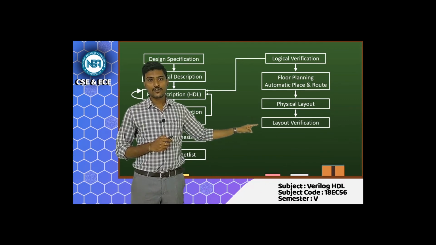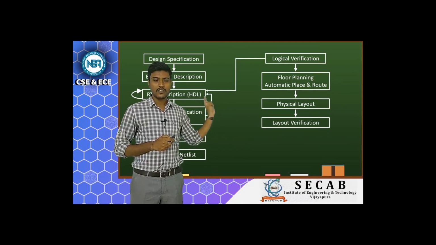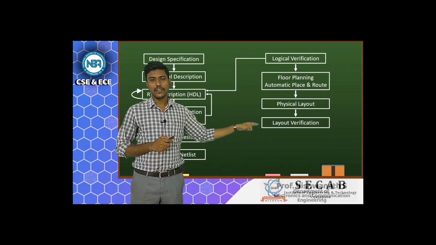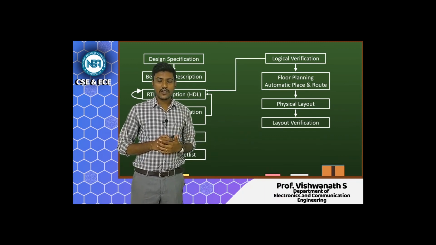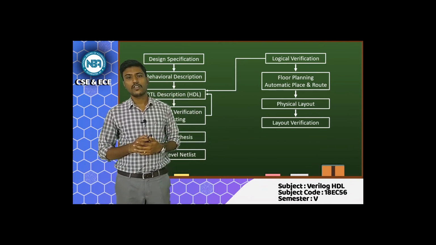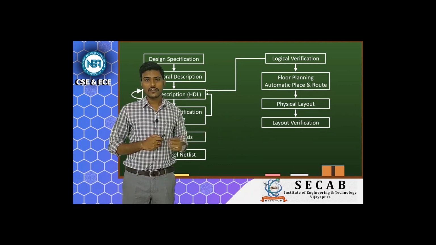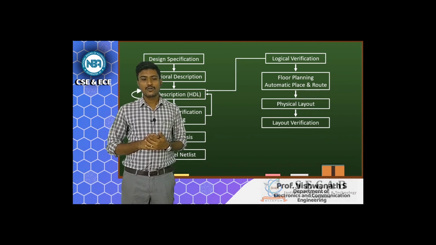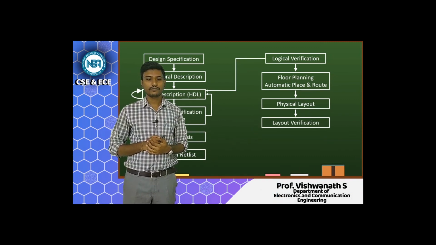The functionality developed at this particular level should not change even after the layout. Again, functionality is checked, and we also check for design rule check errors, and compare the layout with the schematic. All those are taken care of at layout verification.